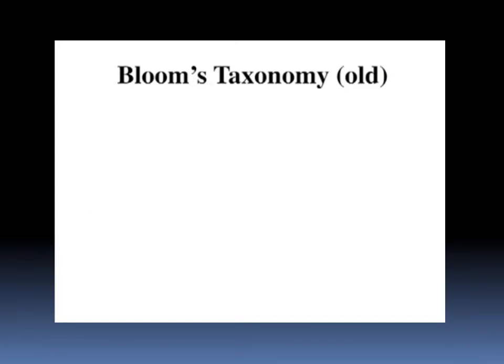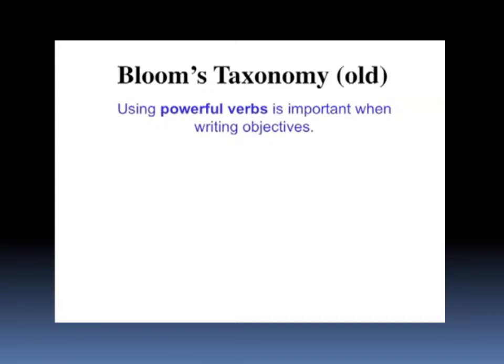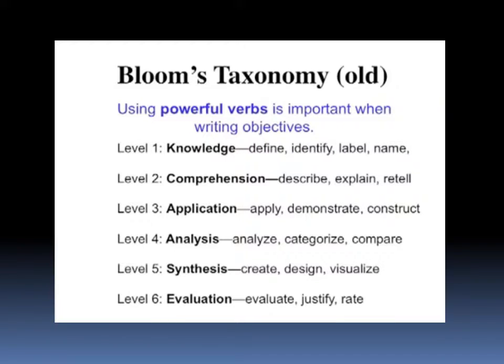Bloom's taxonomy is often used to help determine or help identify the verbs that you can use for your objectives. We're going to look at the old Bloom's taxonomy. You want to use powerful verbs because it's important when you're writing objectives, so you can define exactly what you want. Level 1, knowledge, examples of verbs. 2, comprehension, describe, explain, retell, verbs.